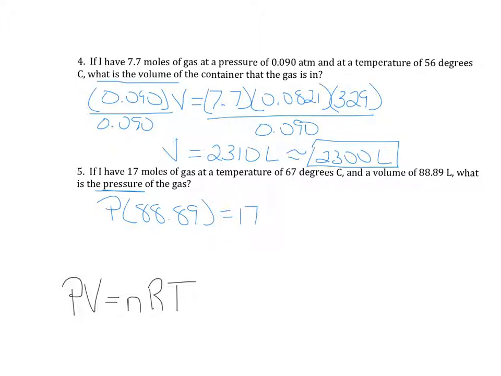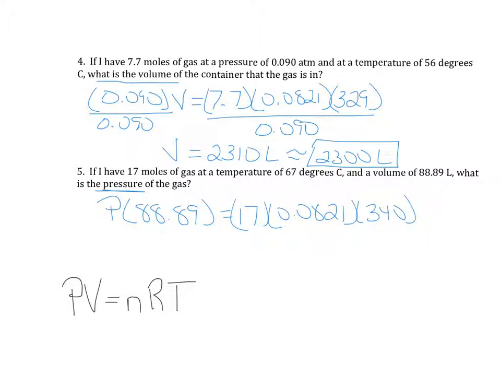Equals moles. That's what the n stands for, is moles. So 17 moles times your gas constant. We're dealing with atmospheres as our pressure, so we're going to use that 0.0821 as our gas constant. And then a temperature of 67 degrees, which comes out to be 340 Kelvin.